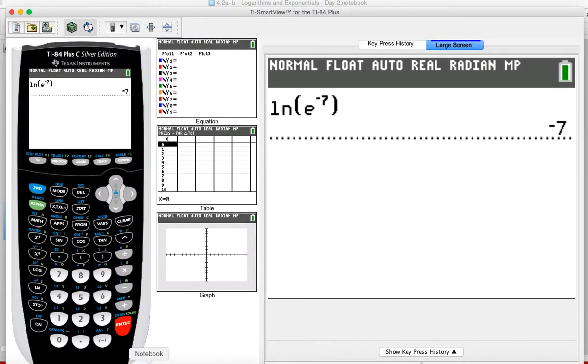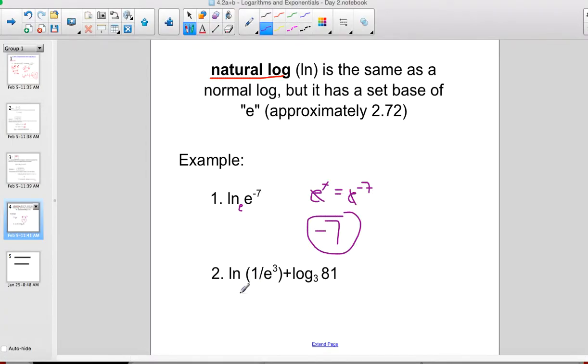There you go. This one, natural log, again, you can write the little e in there. The base is e, or you don't need to if you can just kind of assume it. Of 1 over e to the third plus log in base 3 of 81. So you can solve each one separately. So if you did e to the what, we use x equals 1 over e to the third.